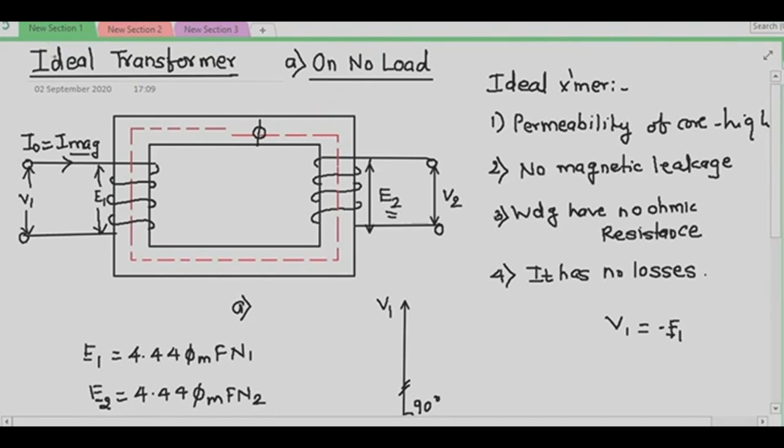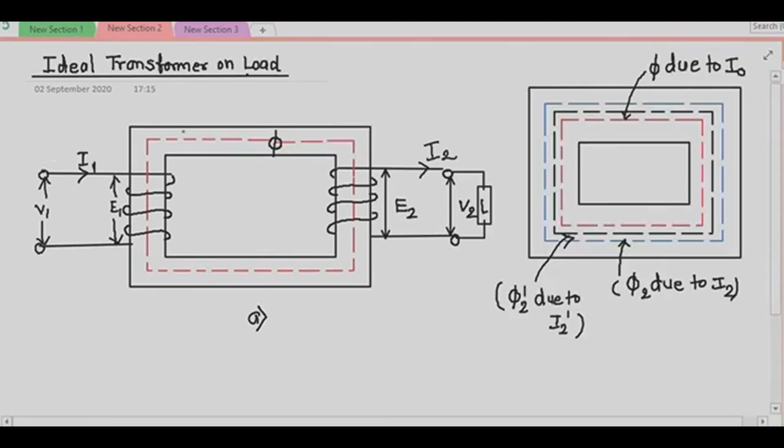Now let us start with the phasor diagram of the ideal transformer on load. So again this is the schematic of the elementary transformer drawn for understanding. What is the difference between the previous figure and this figure? Here I have connected the load across the secondary.